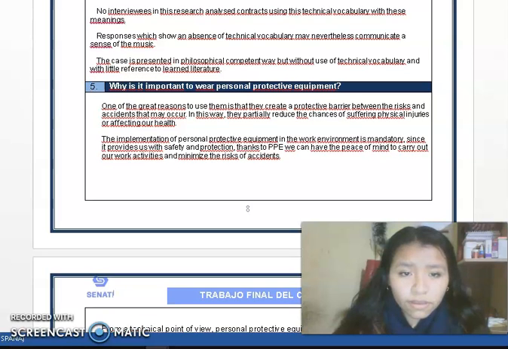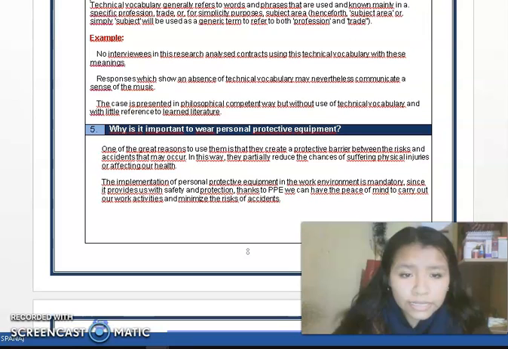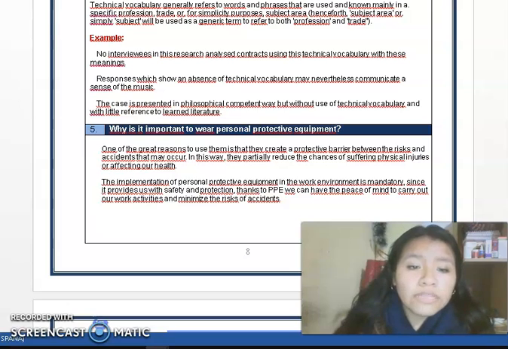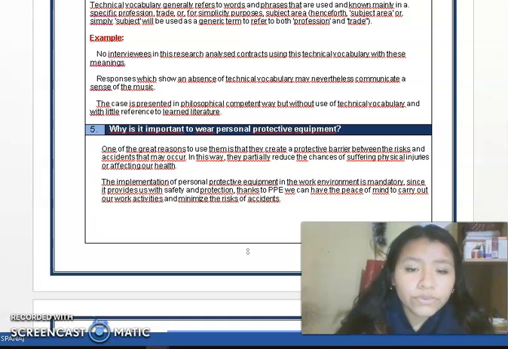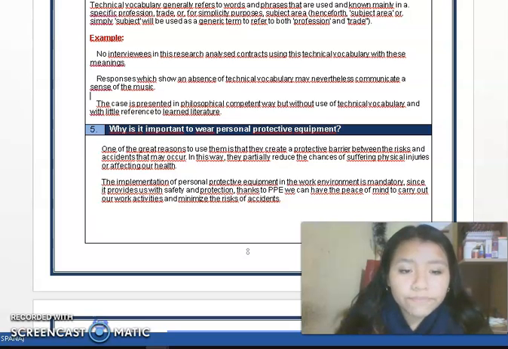Question 5. Why is it important to wear personal protective equipment? Number 1, one of the great reasons to use them is that they create a protective barrier between the risks and accidents that may occur. In this way, they fundamentally reduce the chance of suffering physical injuries or affecting our health.